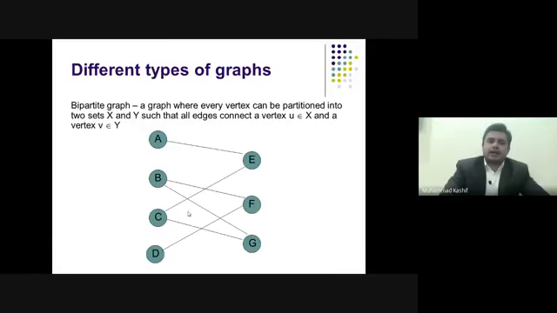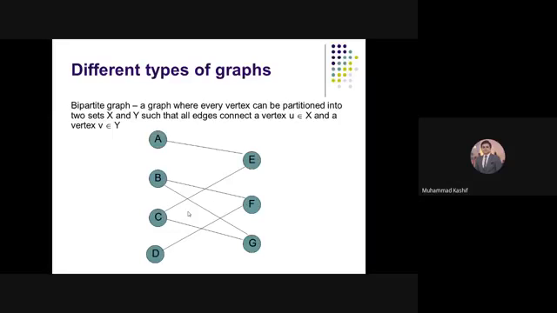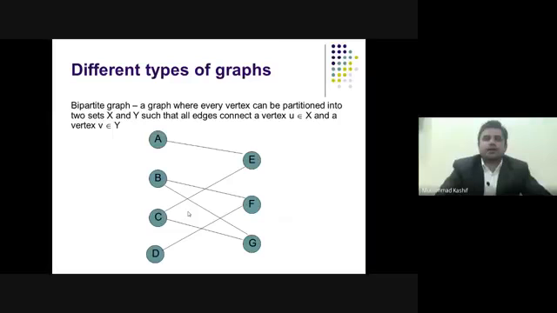Next type of graph is bipartite. A bipartite graph is one where vertices can be partitioned, with vertex u belonging to X and vertex v belonging to Y. If you look at this particular example, this is a bipartite graph.